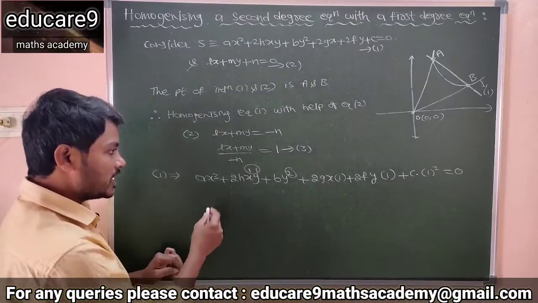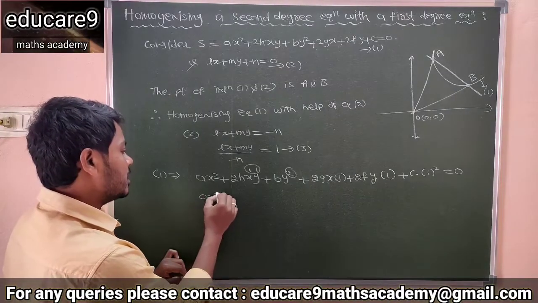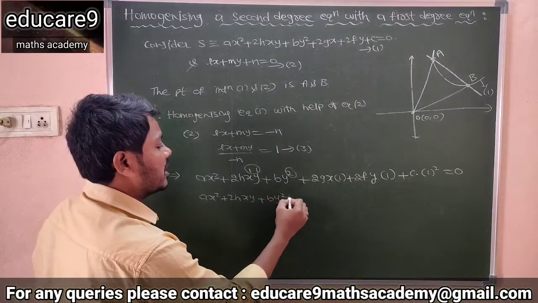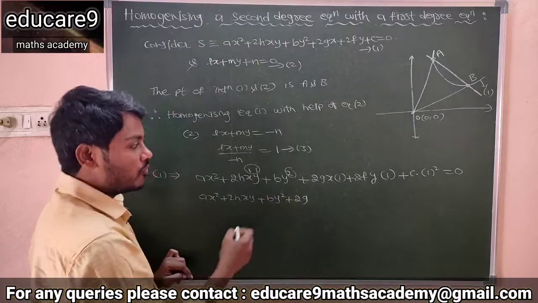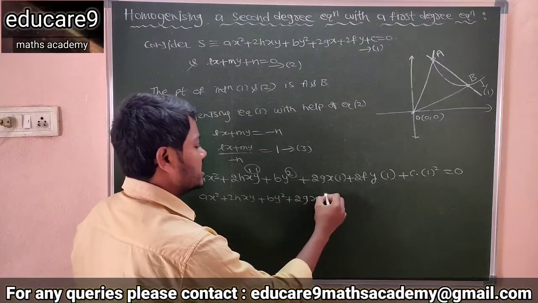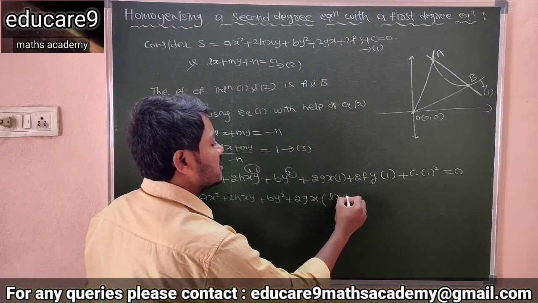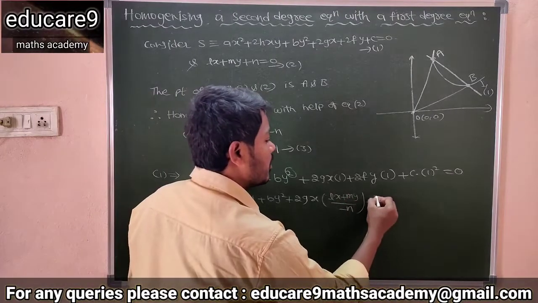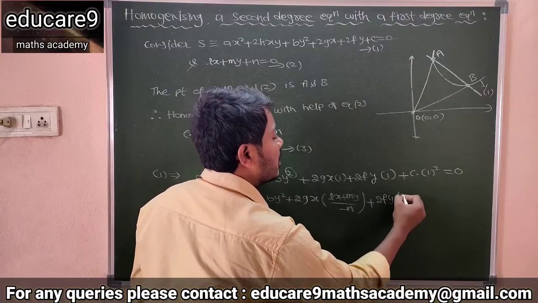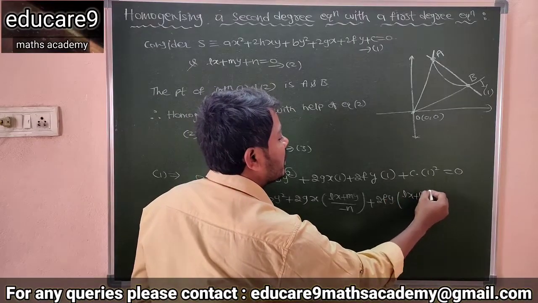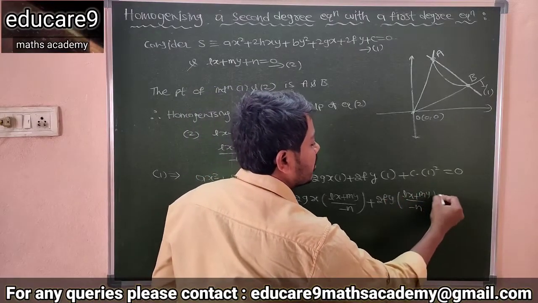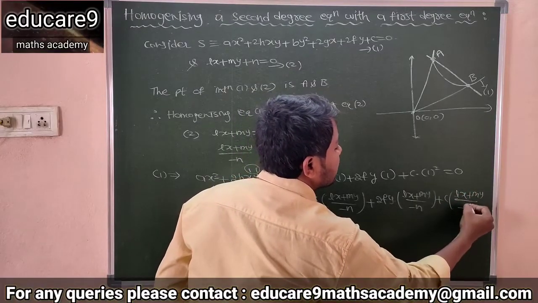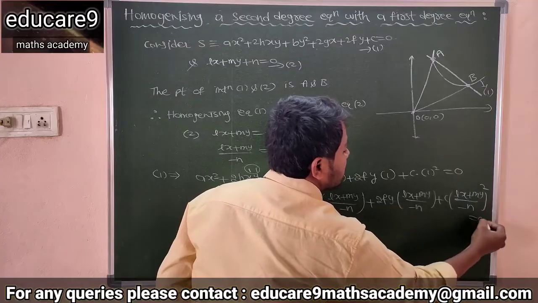That is ax square plus 2hxy plus by square plus 2gx into (Lx plus My) divided by minus N, plus 2fy into (Lx plus My) by minus N, plus c into ((Lx plus My) by minus N) whole square equals 0.